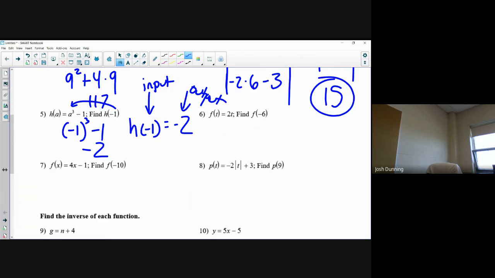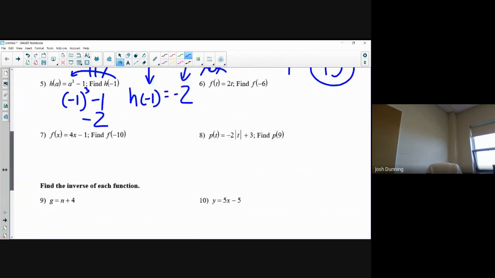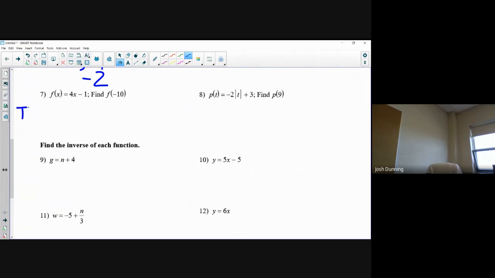The next part is new. Inverse functions. Now, inverse functions, they basically undo each other.